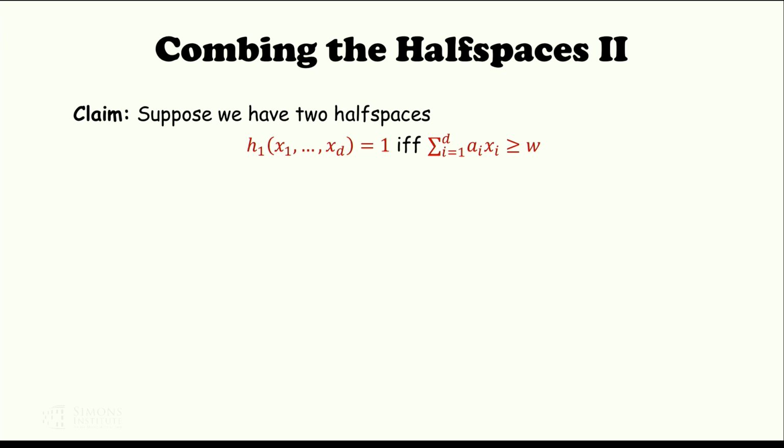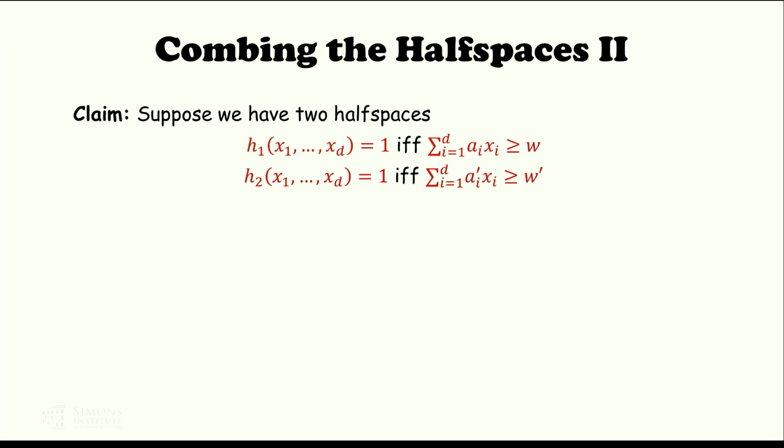A half space is determined by d values A1 to AD and a W, and the hypothesis gives 1 if and only if the sum of AI xi is bigger than W. So this is H1, and we have another hypothesis with A1 prime to AD prime and W prime.